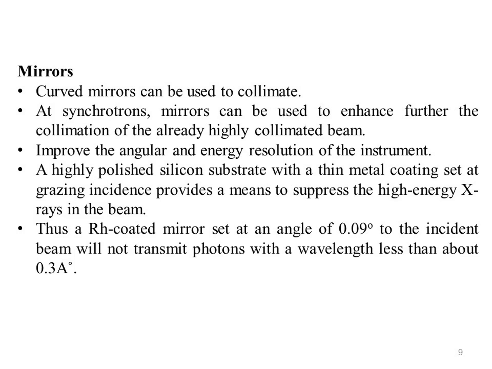Thus, a rhodium coated mirror set at an angle of 0.09 degrees to the incident beam will not transmit photons with a wavelength less than about 0.3 angstrom. Mirrors can sometimes have several strips of different metal coatings to allow adjustment of the upper energy cutoff.